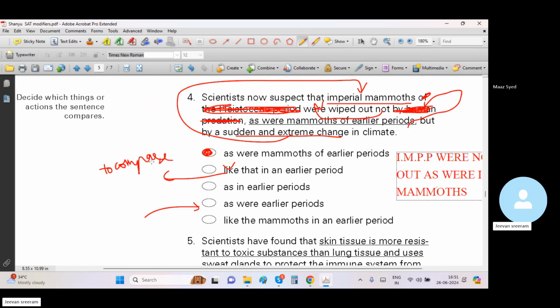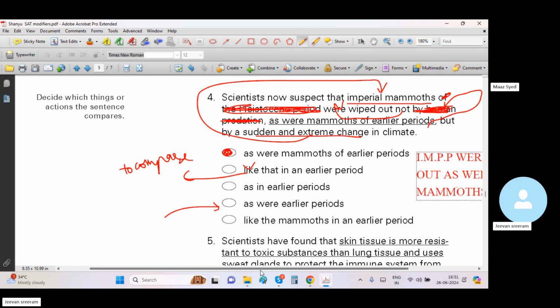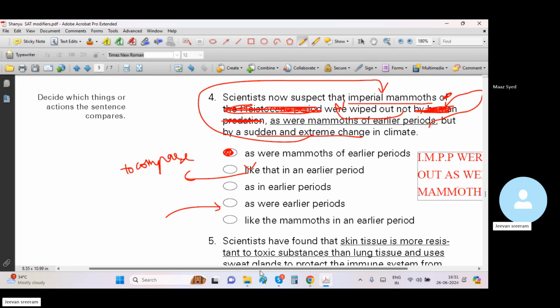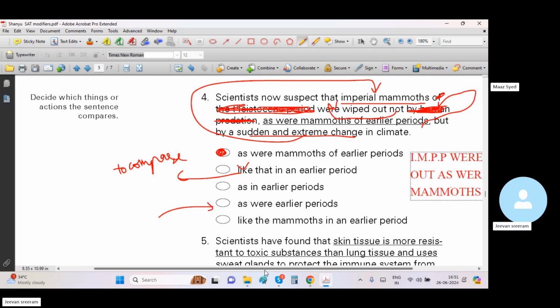His shirt is exactly like mine. That's okay. Nouns can be compared making use of "like." His shirt is exactly as mine. That's also okay. So, I can look after the child exactly like my brother does. That's wrong. I can look after the child exactly as my brother does.